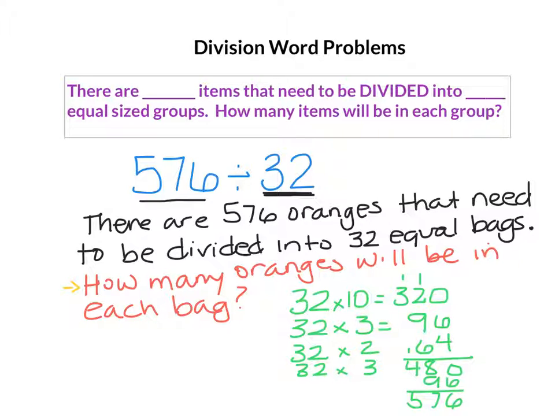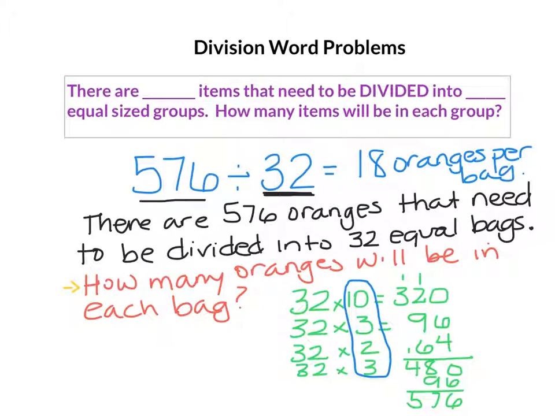All right, when we add all of those up, 10 plus 3 is 13, 15 plus 3 is 18. So that means 18 oranges per bag. I have 32 bags, and each of my bags has 18 oranges in it. And that got rid of all 576 of my oranges.